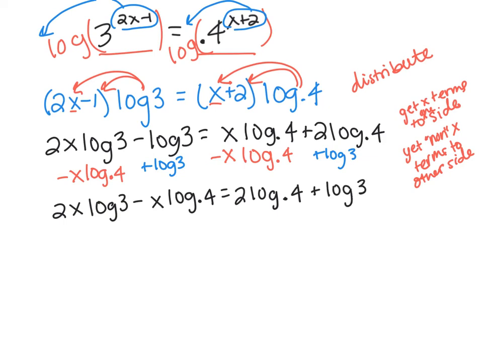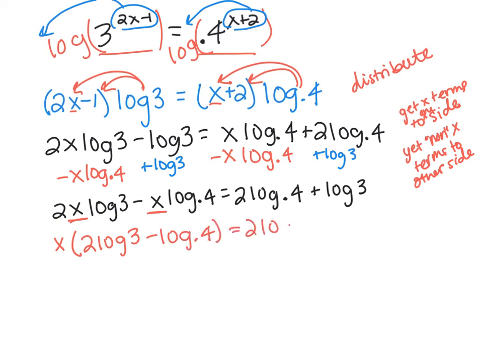Now, again, similar to the inverse we were doing last week, the left side, both terms have an x in it. We want to get that x out by itself. So we're just going to factor that x out of the whole equation. So we have x times 2 log of 3 minus log of 0.4.